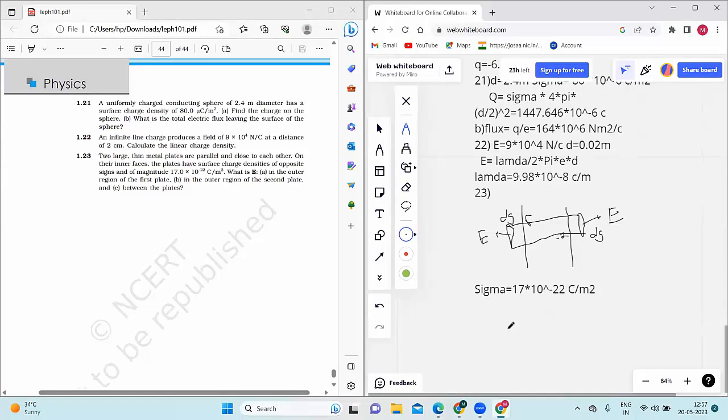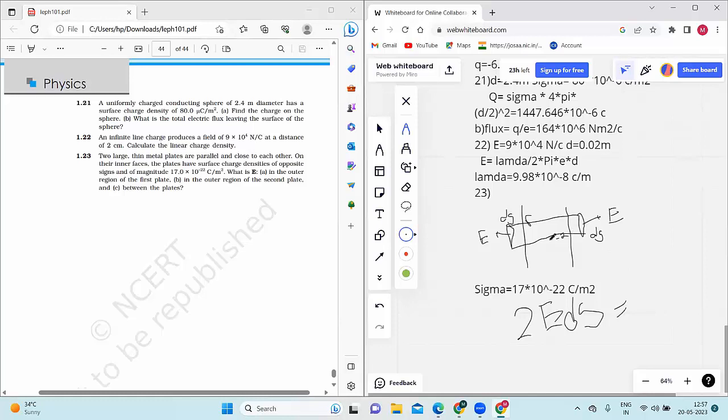Then the total flux linked with this surface will be 2 into E into dS equal to total charge enclosed by epsilon naught.